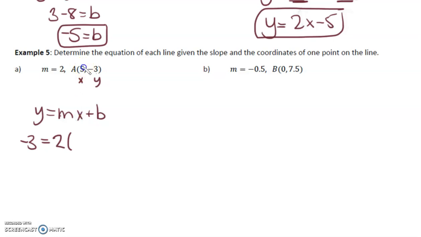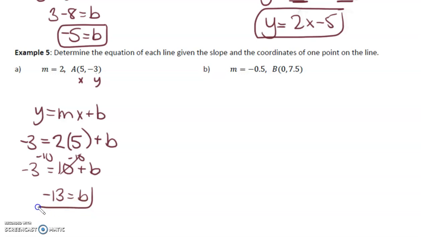What is our x value? 5. And then we're solving for b. So we get negative 3 equals 10 plus b, and we're going to subtract 10. So negative 13 equals b. Our equation for this line is y equals 2x minus 13.